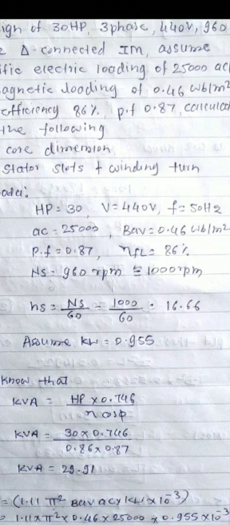That 1000 RPM is converted to RPS by dividing by 60, so it becomes 16.66 RPS. We also assume some data, that is kW, the winding factor, which should be taken as 0.955.